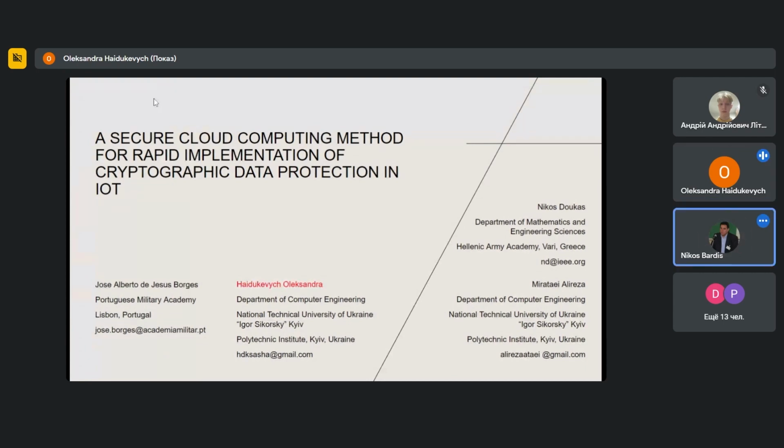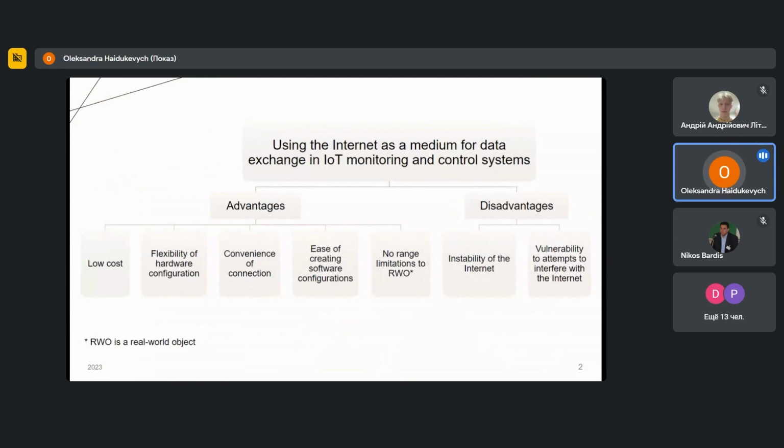Thank you. Yes. Dear colleagues, today I would like to talk about a secure cloud computing method for rapid implementation of cryptographic data protection in IoT. Today, there is a steady trend of expanding the use of IoT technologies in systems for remote monitoring of the state of real-world objects and their management.